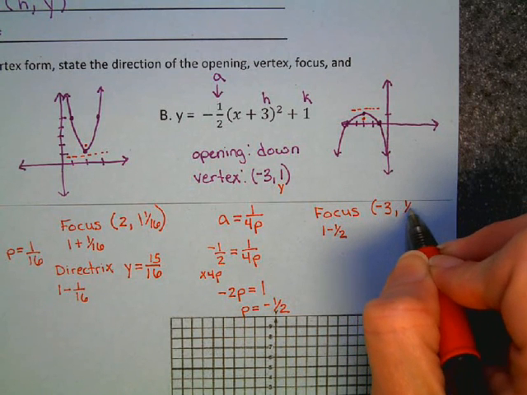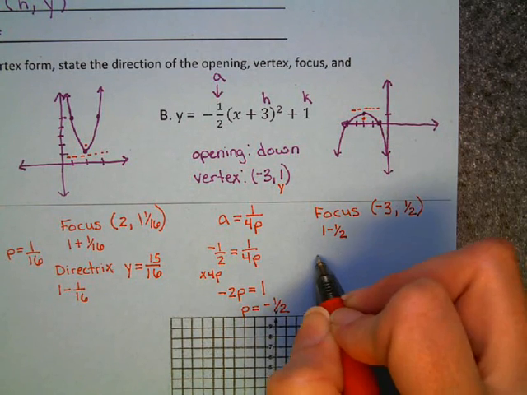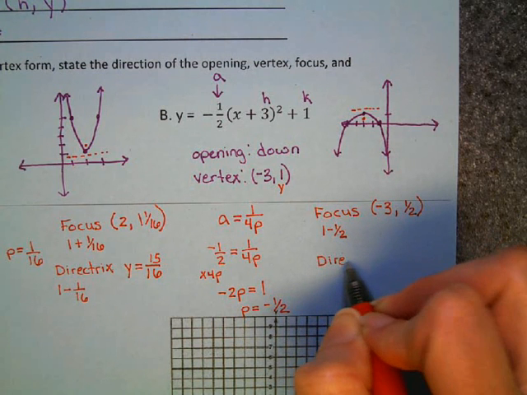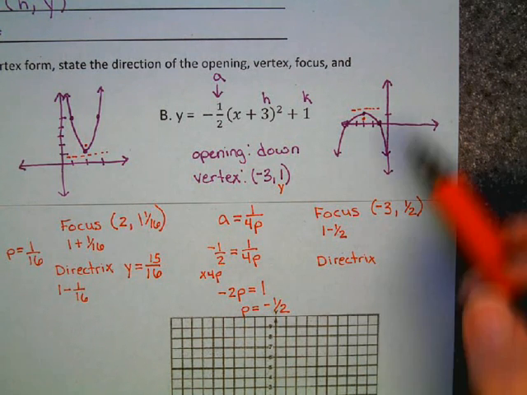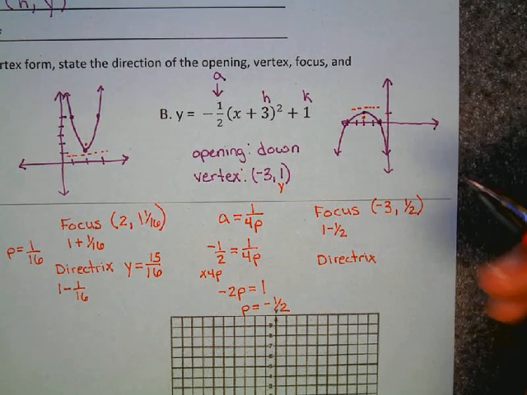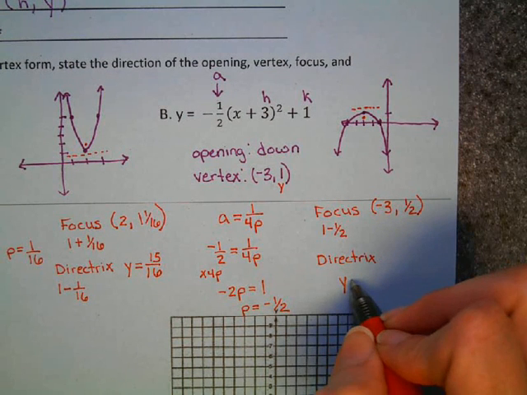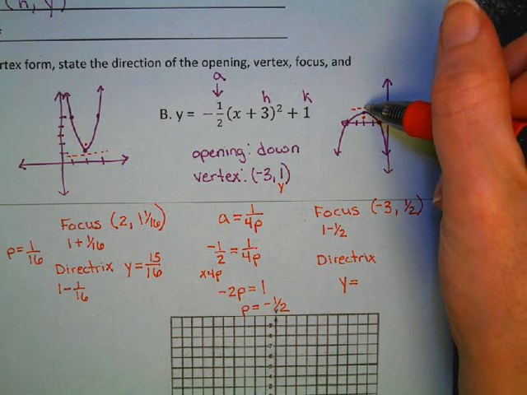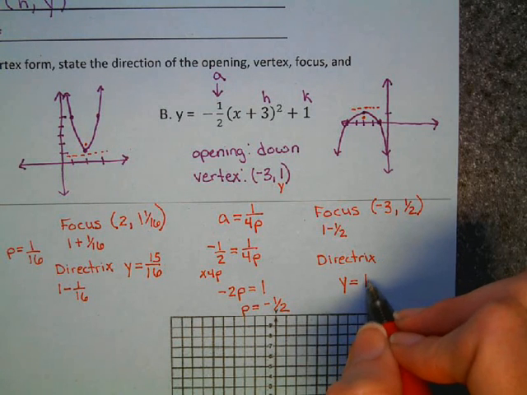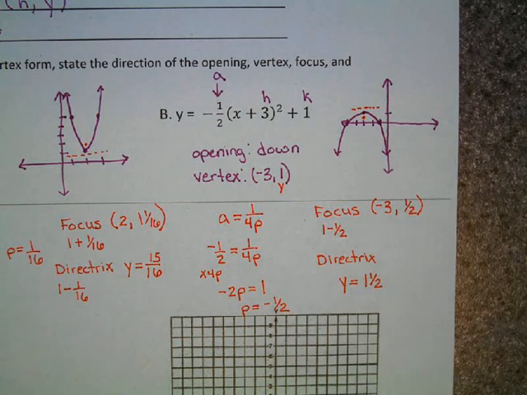The directrix is the line above that. So I'm going to take that value of 1, and now I'm going to add 1/2 to the top. So y equals, instead of being at 1, if I add 1/2, that's going to be at 1.5. Alright, let's try the next one.